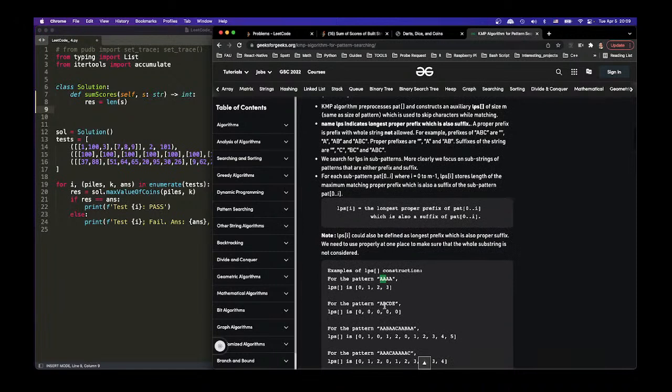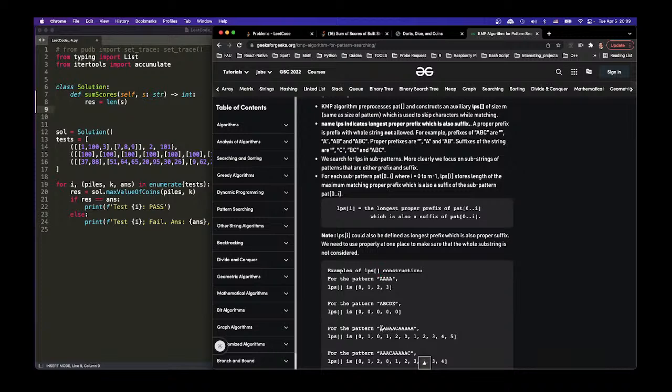These are all zeros, because at each position none of the prefixes is also a suffix. And for this one, we can actually walk here.